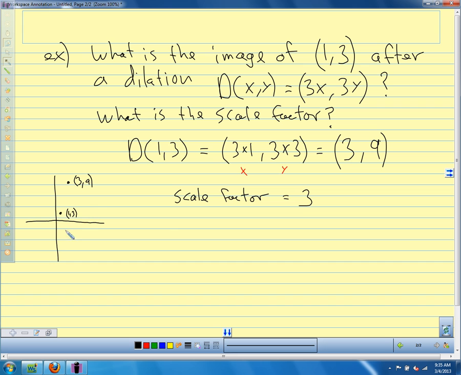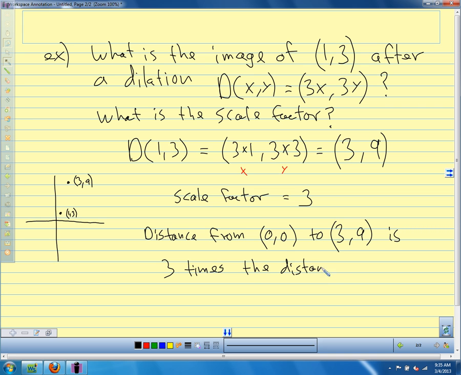And what we would see here is the distance from 0, 0 to 3, 9 is 3 times the distance from 0, 0 to 1, 3.